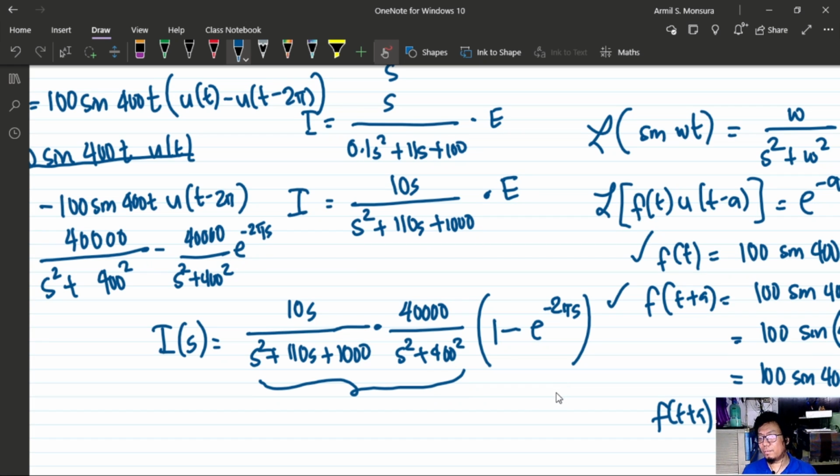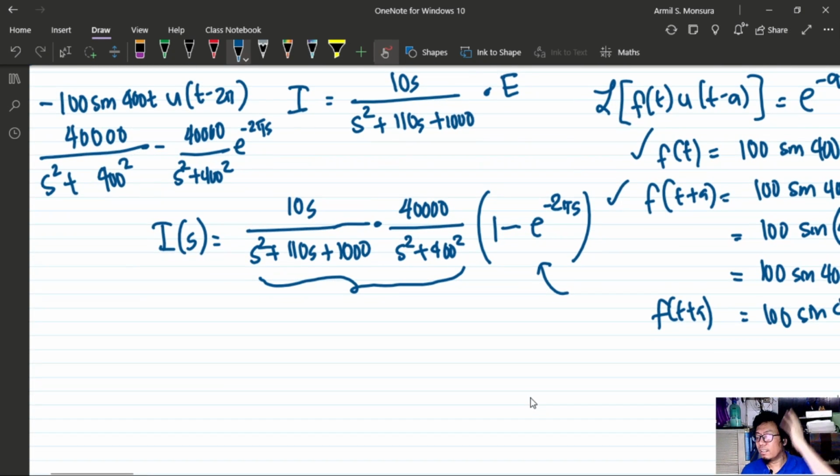If we apply the second shifting theorem for this factor, we will essentially have something like u of t minus u of t minus 2 pi. We will see that later on.